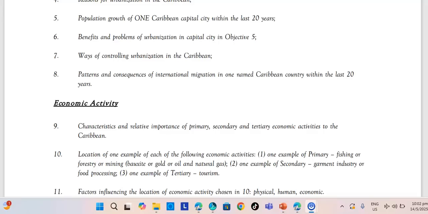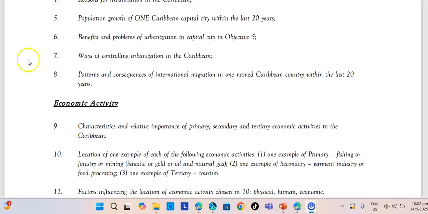Another negative effect of international migration is that families are separated. Children and parents may live apart for many years, all right? Another negative effect is an aging population. So when you have young people migrating internationally from Trinidad and Tobago, they leave behind a more elderly population.